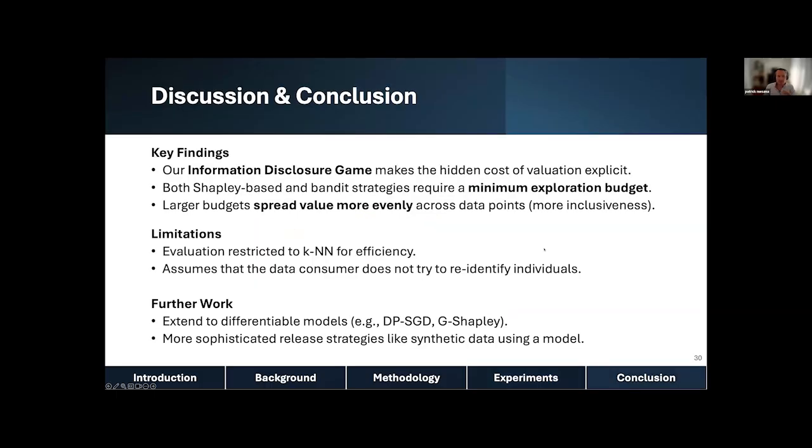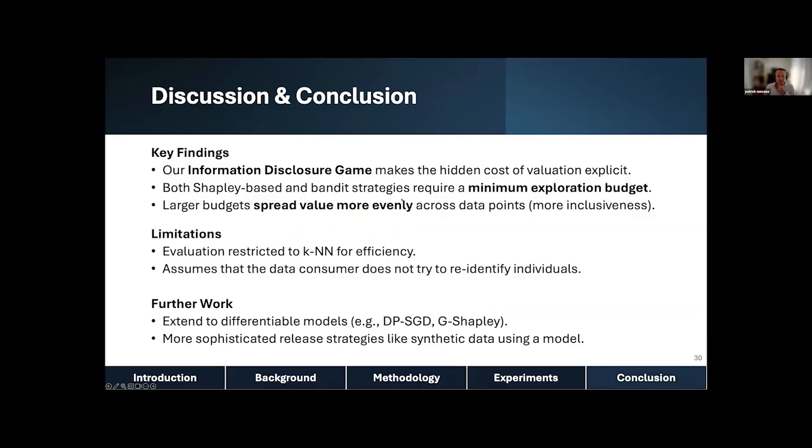So this is it for the experiments. A couple of key findings. Our information disclosure games make the hidden cost of valuation explicit through the differential privacy budget, and this was part of our analysis of whether we can create an incentive to acquire points or not.